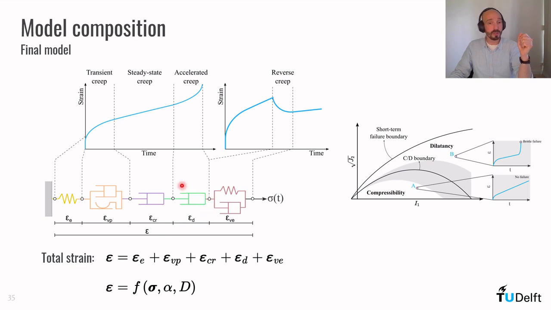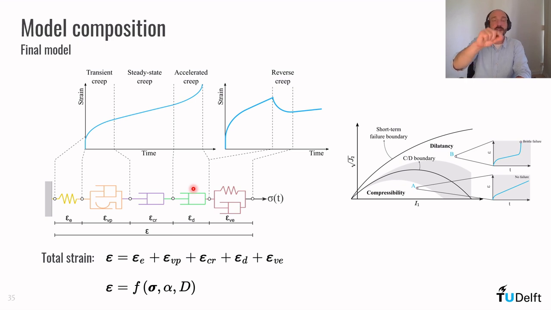We have used this dashpot here, but we can also use, and this is very common in the literature, not a dashpot like this, but the concept of effective stress. So the damage enters in the computation of the stress. It's like a perceived stress.